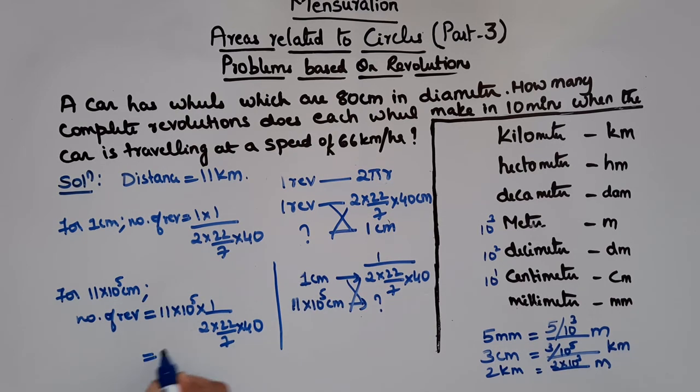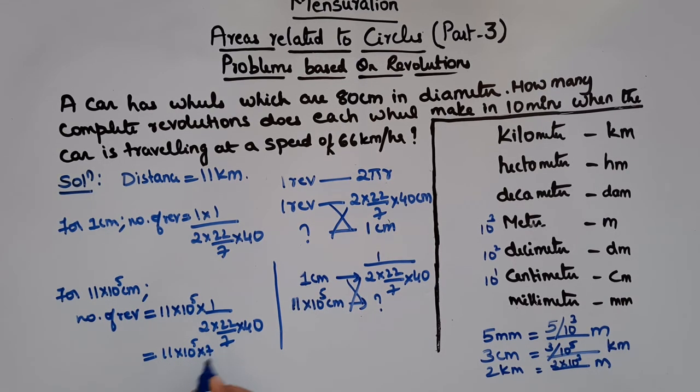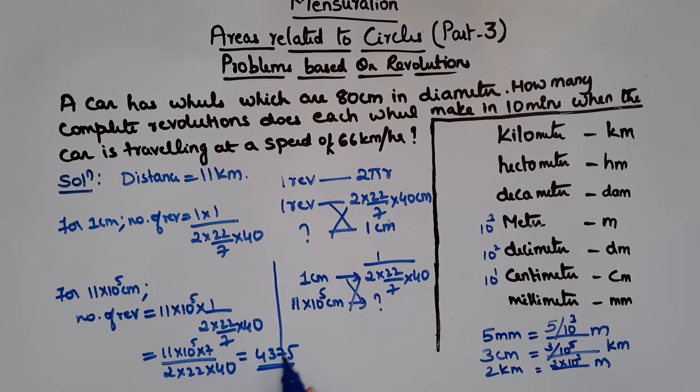Which is equal to, when you bring this to the numerator, 11 into 10 power 5 into 7 by 2 into 22 into 40, right? When you simplify this, this will give you 4375. So this is nothing but your number of revolutions.